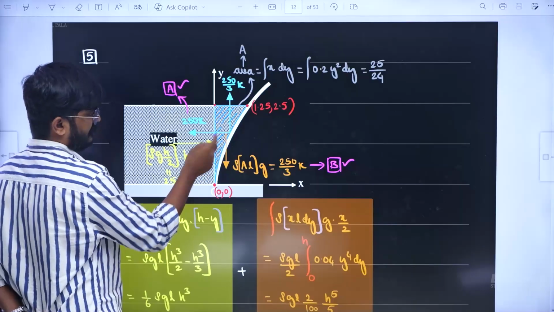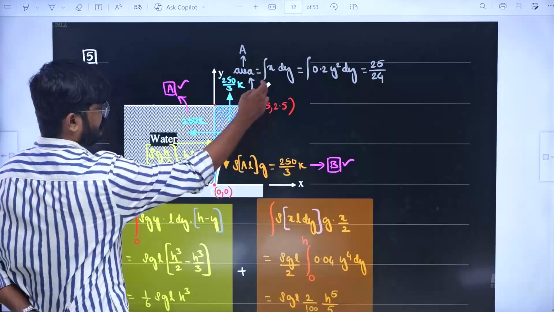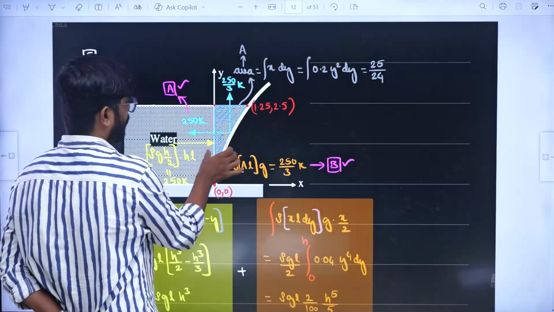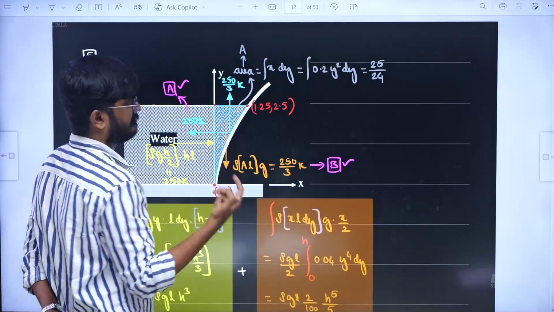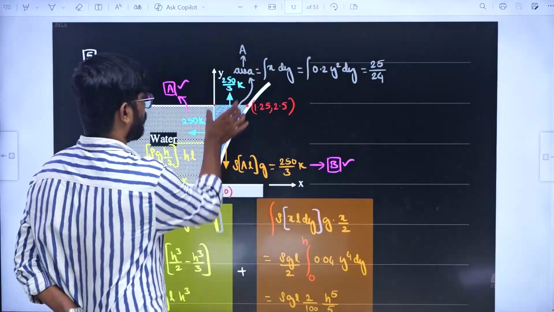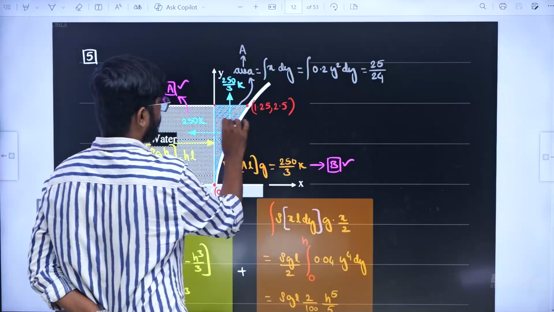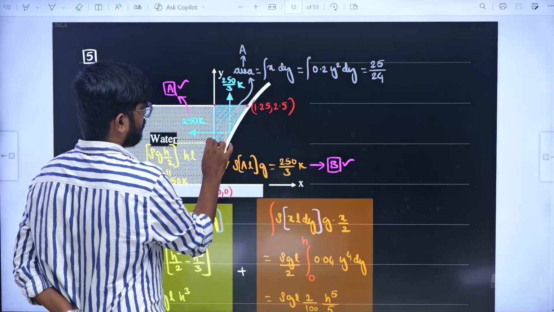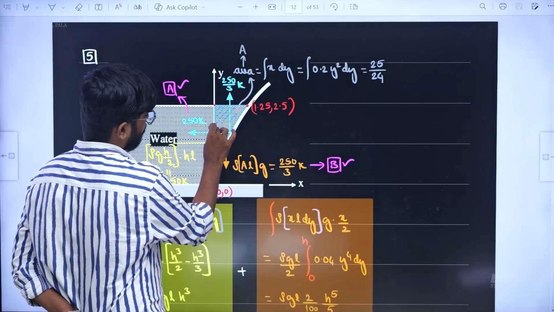rho, or pressure at the centroid into area, which is going to be 250 kilo. So the meaning is, this is going to exert a horizontal component of force 250 kilo. Now similarly, if I want to calculate weight, I should calculate the area and multiply with the length to get volume, then density into volume into g. So if I want to find an area, I will be taking an element at a distance y, this value is going to be x and this is going to be dy.